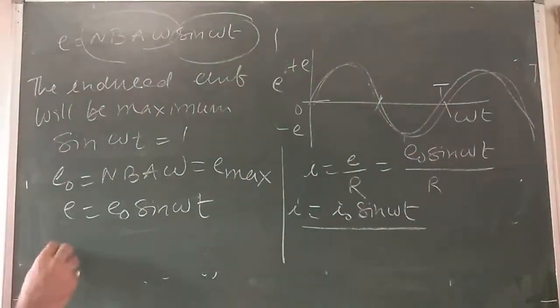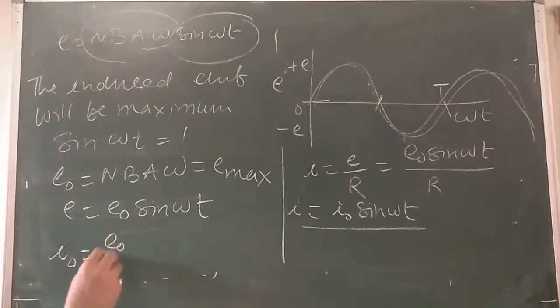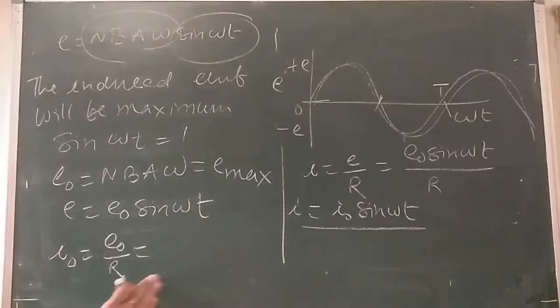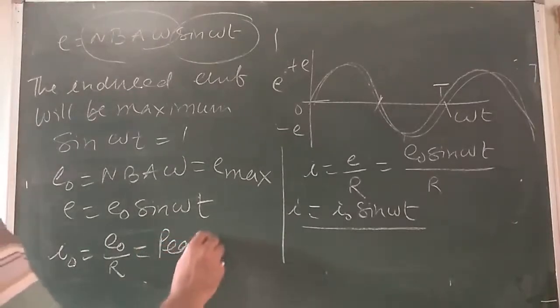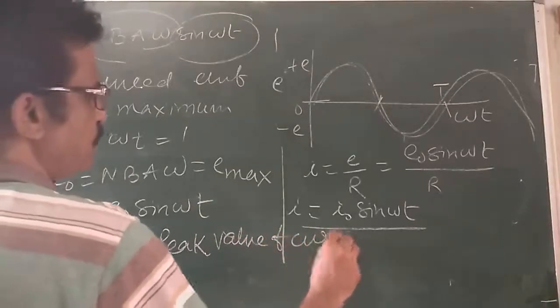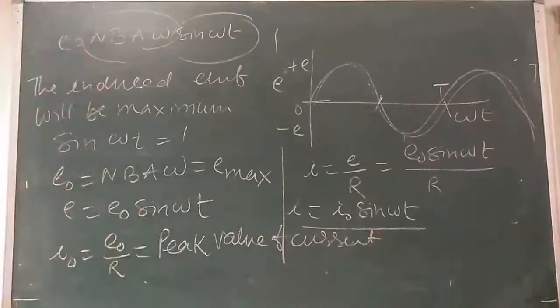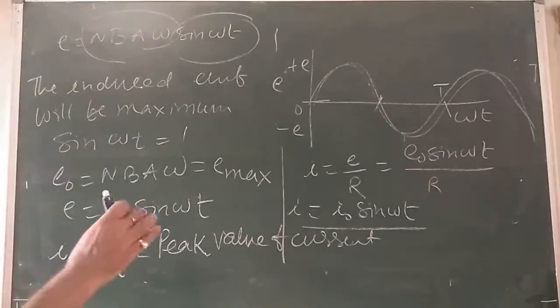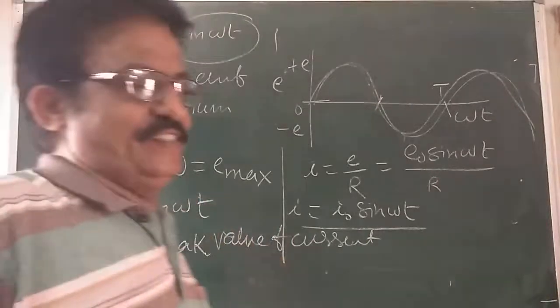So here I can say I naught is equal to E naught by R, called the peak value of current, or maximum value of current.